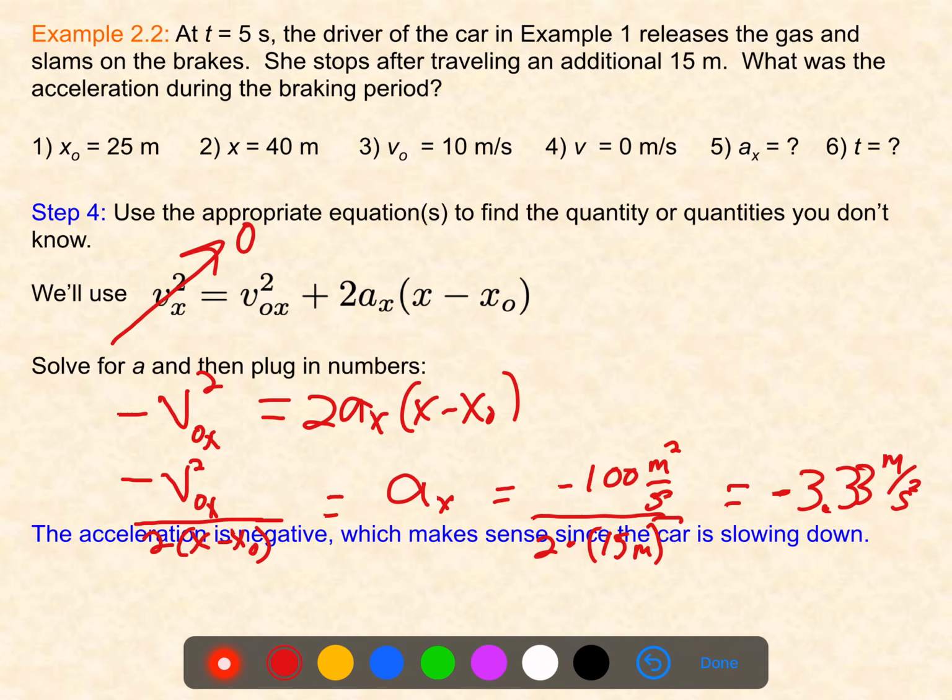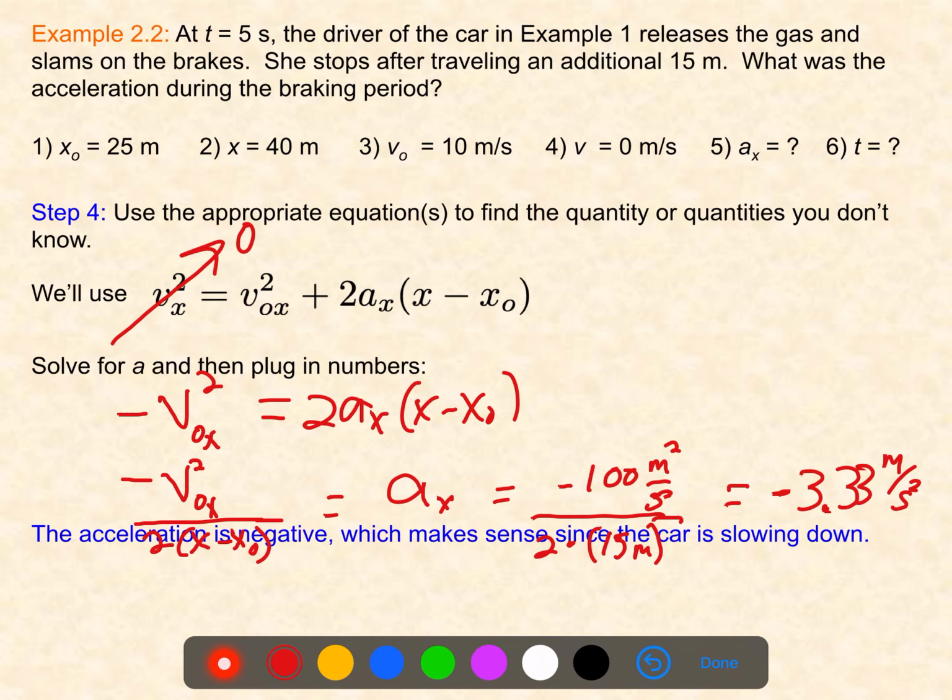Okay, which means we have an acceleration rate which is negative. This is reasonable because the car is slowing down and it was moving in the positive x direction first, so the acceleration rate has to point in the negative x direction.